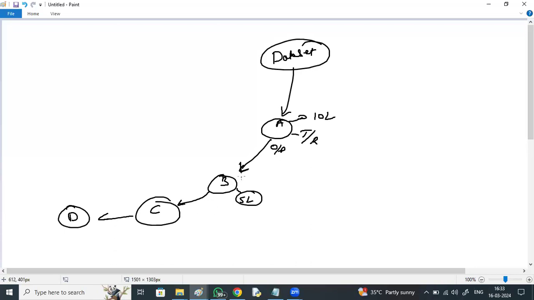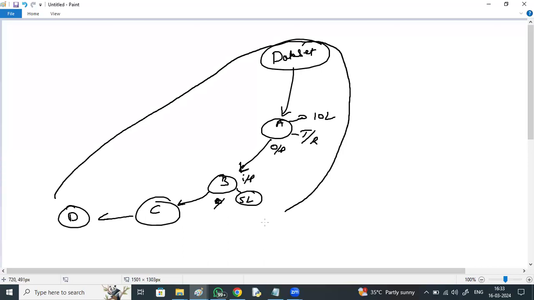The output of this will be the input to the next, so the output of B will be the input to C, and the output of C will be the input to D. It's a data flow, where one output is the input to the next. This entire data flow executes only whenever you perform an action.